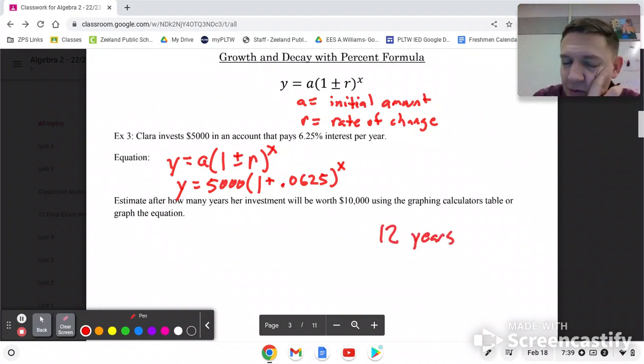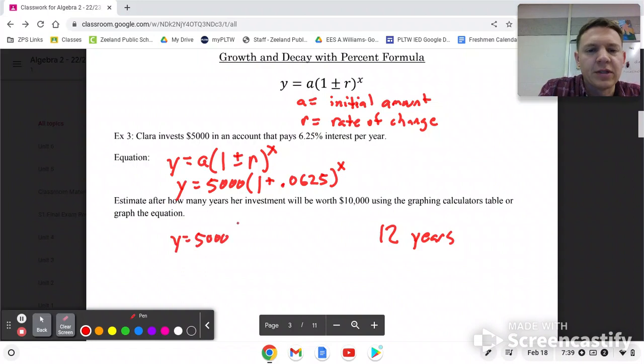It's kind of difficult for me to show a graphing calculator via video like this, so I'll gladly explain that in class. But there's another way to do it as well. You plug in your original equation, Y equals 5,000 times 1.0625 raised to the X. You throw that into a calculator, and then you throw Y equals 10,000 also into the calculator.